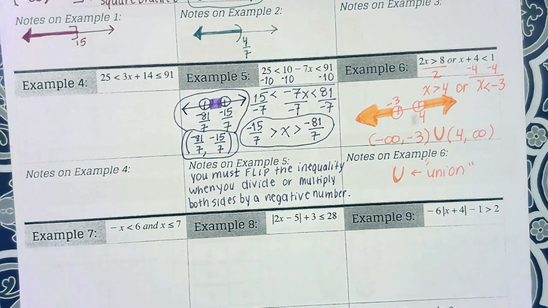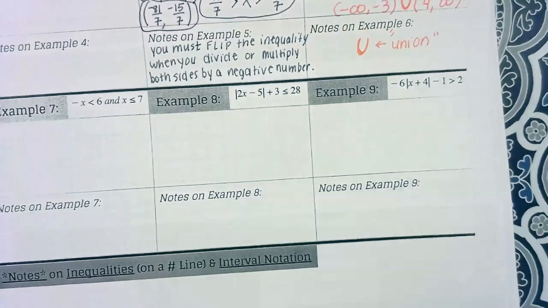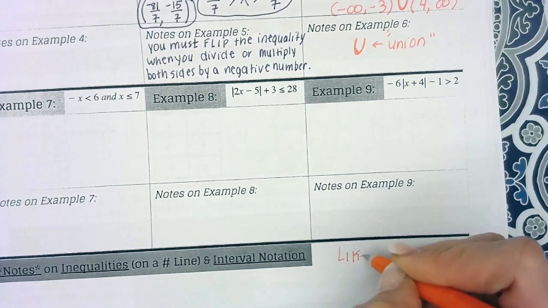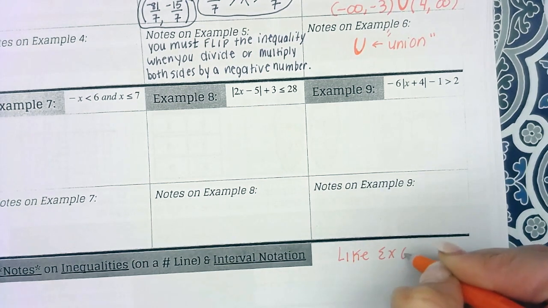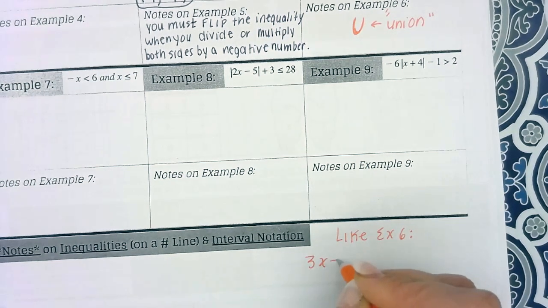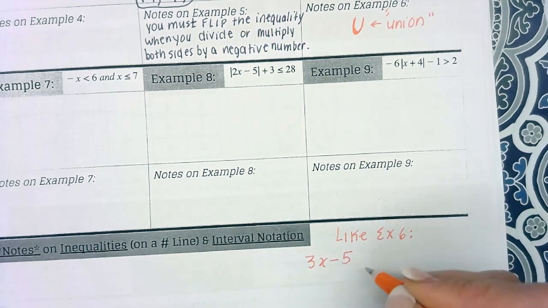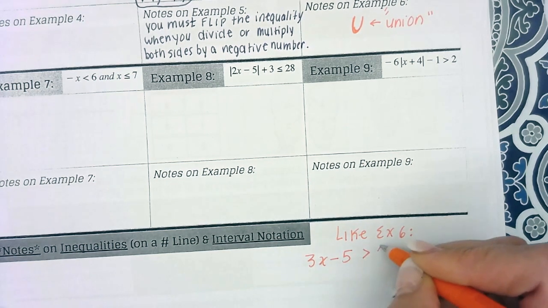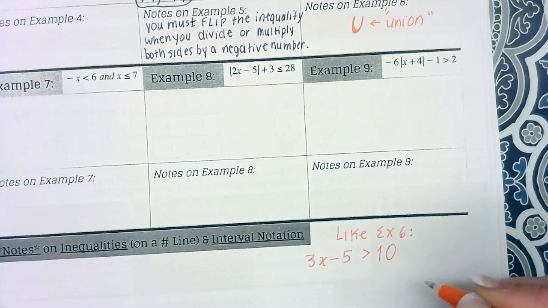I'm going to actually add one more example for your assignment, okay? Because I want another or example, so extra. So I'm going to call this one example 6. So let's just do 3x minus 5 is greater than 10.